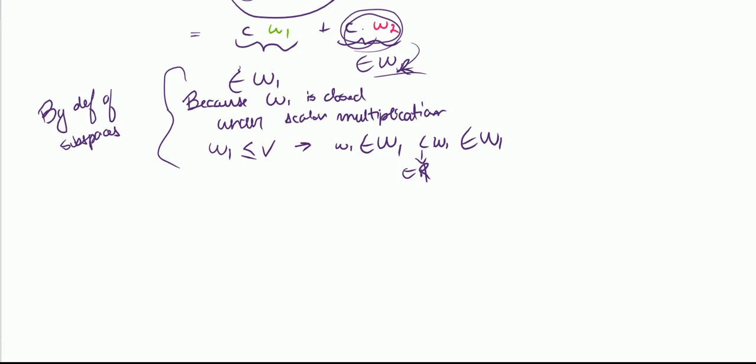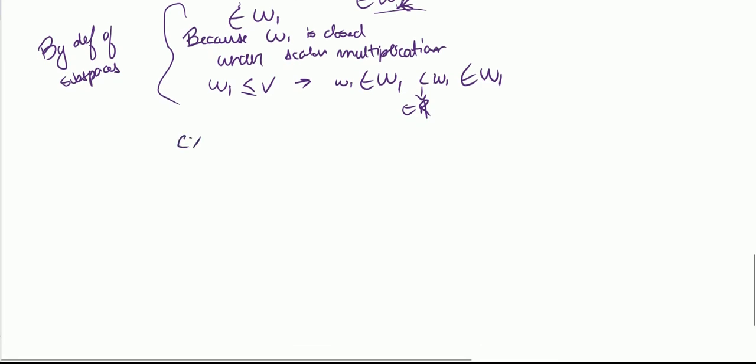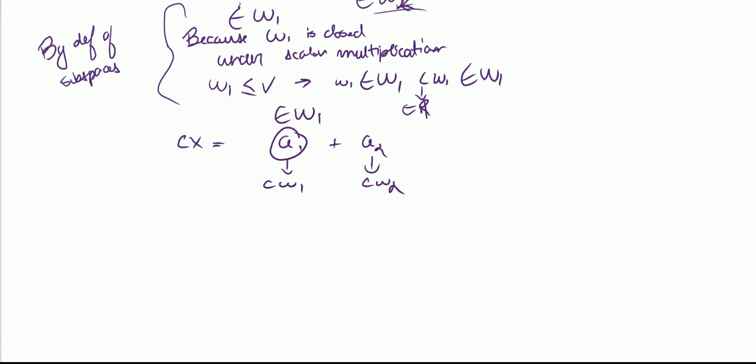And so that means that cx can be written as a1 plus a2, where a1 is equal to c w1 and a2 is equal to c w2. But we've just said that a1 belongs to W1 and a2 belongs to W2.